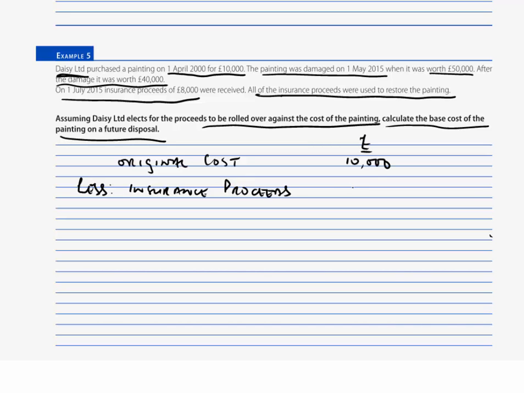Those insurance proceeds now received and used, £8,000. So that would reduce that original cost from £10,000 down to £2,000. Now, by having the lower cost when it is sold, there's a bigger gain.